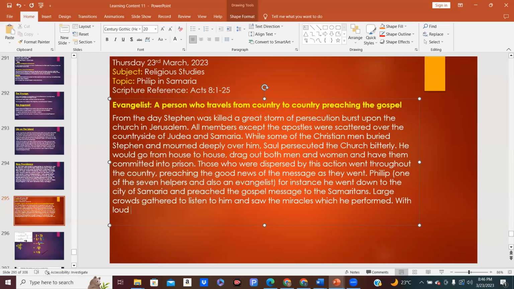With loud cries, evil spirits came out of those who had been possessed by them.